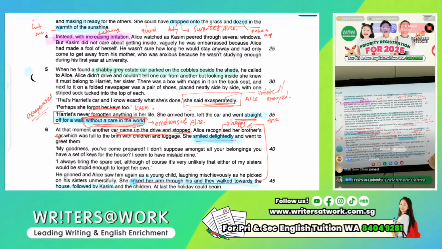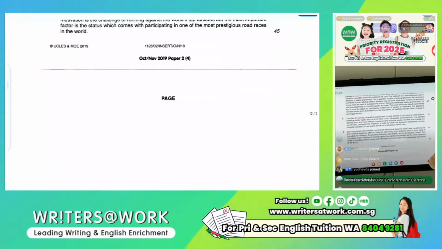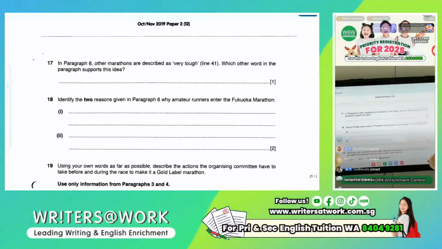Then if you observe in paragraph 5, we see that she's very exasperated, which means that she's very irritated because Harriet arrived early, yet she just left the car there and did her own things. She walked around, right? So the main idea here is that there is increasing irritation. All right. So the answer will be growing impatience. That's the closest that we have.